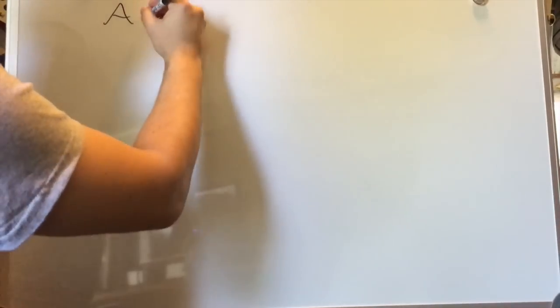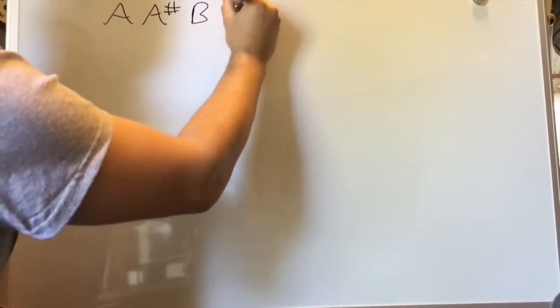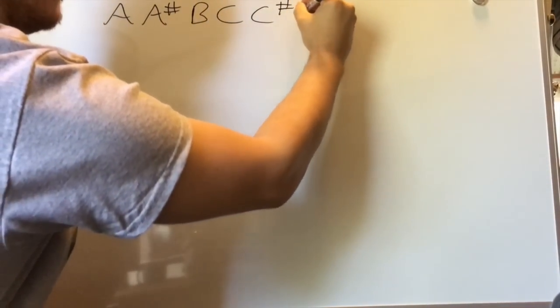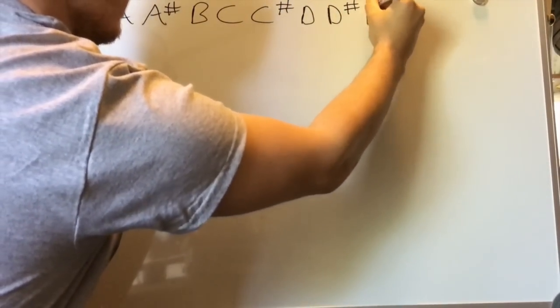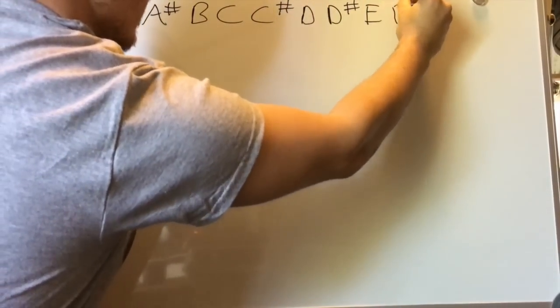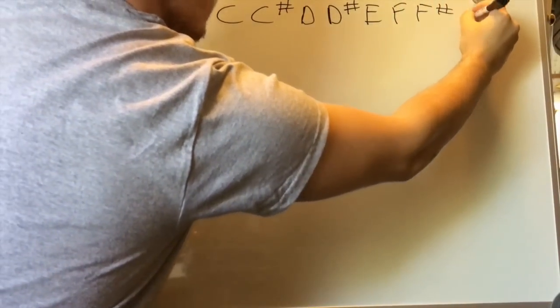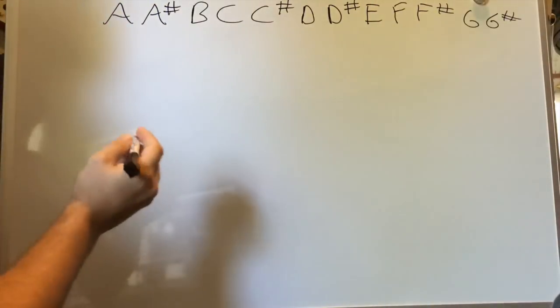So we have A, A sharp, B, C, C sharp, D, D sharp, E, F, F sharp, G, G sharp. Hopefully you can see all of that.